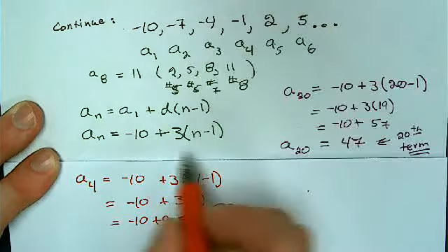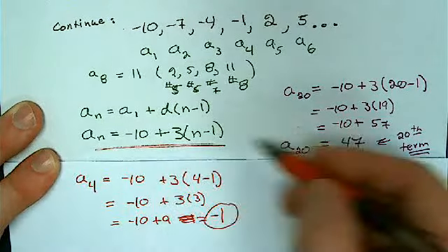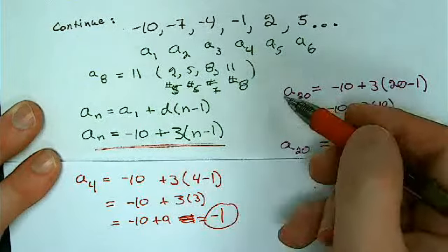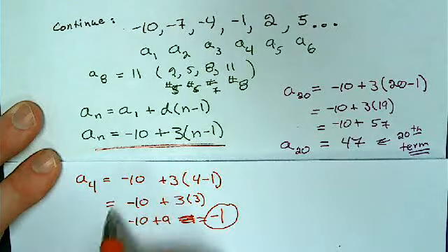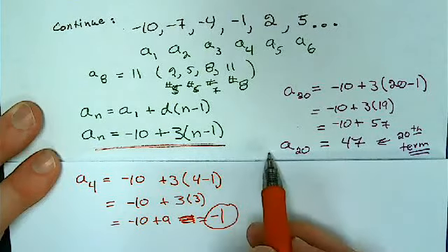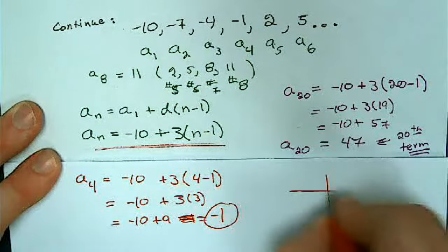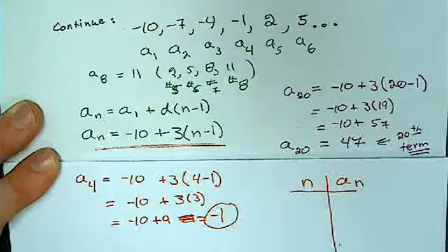This formula is going to carry me through. So I can get any term I want, however far out I'm going to look, by using this one formula to generalize it. If you think of this as an XY chart, this is the number, and this is which term it is in the list.